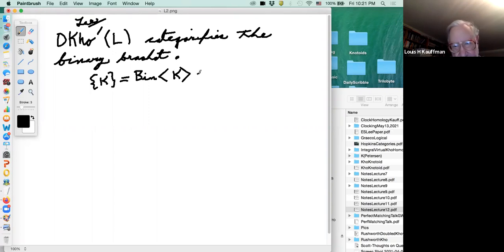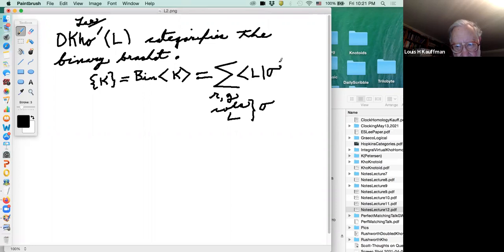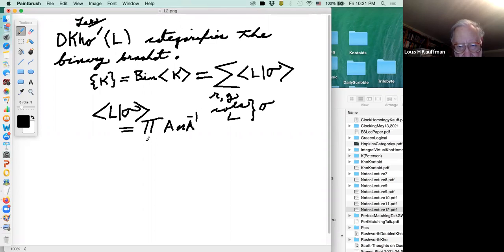The binary bracket of K has the property that it is equal to the sum over, we could call them the RG colorings of L. And then for each RG coloring, let's call it sigma, we have L sigma, where L sigma is equal to the product of A or A inverse according to the smoothing.